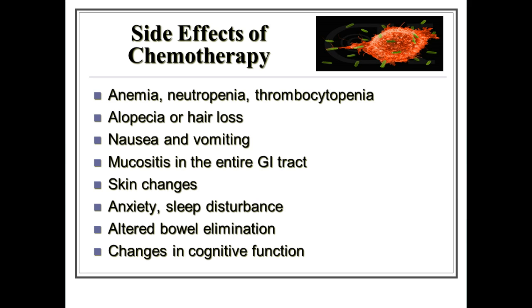I would like you guys to know that a person usually suffers from alopecia, which is hair loss. They have nausea and vomiting, mucositis, which is open sores in their mucous membranes, sometimes altered bowel elimination, and changes in cognitive function.